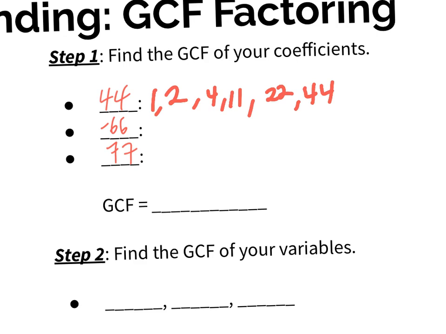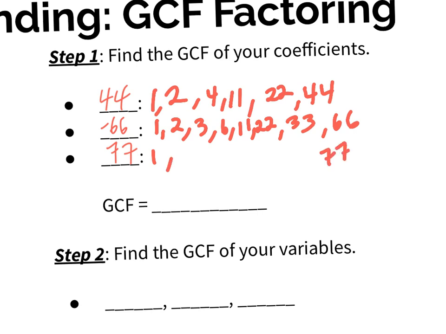Same thing with negative 66. 1 and 66 are definitely factors. 2 is a factor with 33, 3 is a factor with 22, and 6 and 11 are also factors. Then with 77, 1 and 77, and 7 times 11 is also a factor.